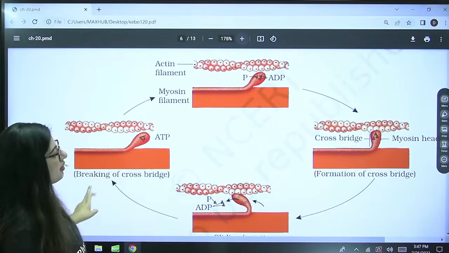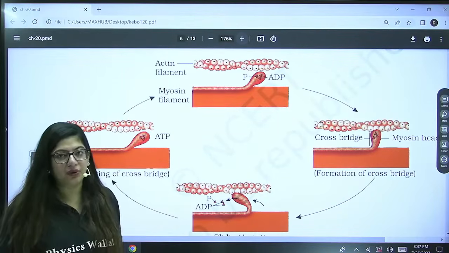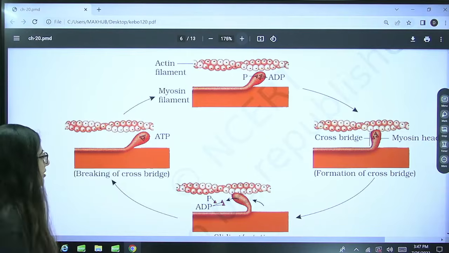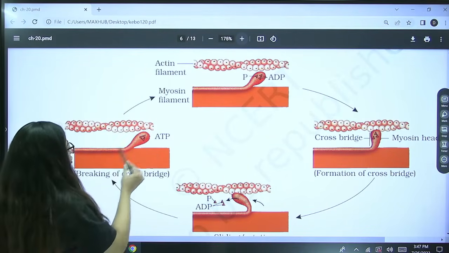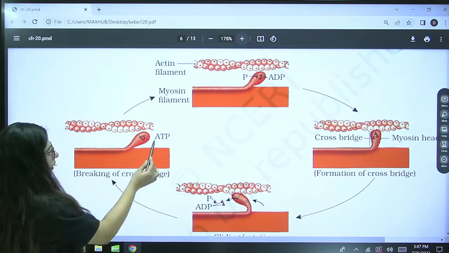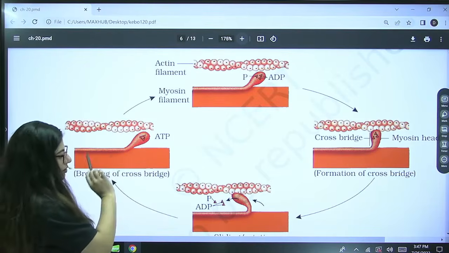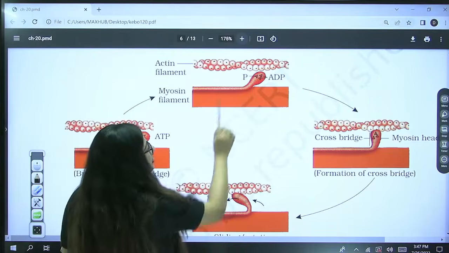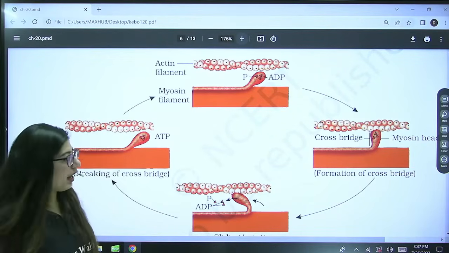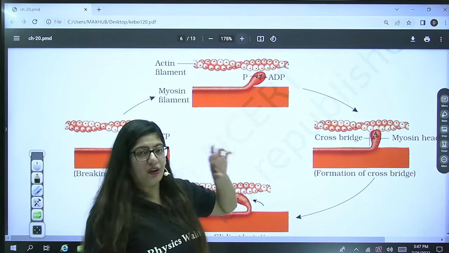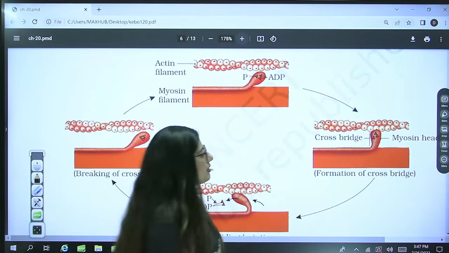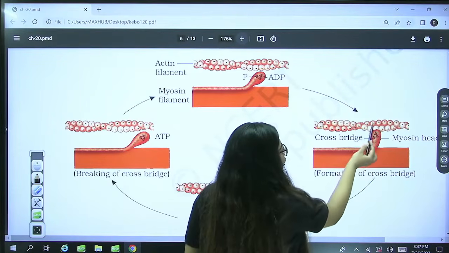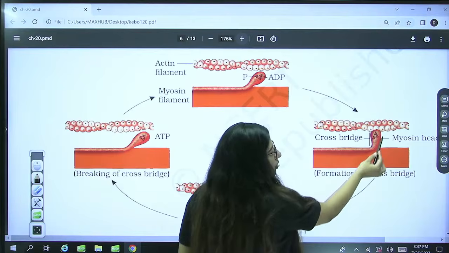this is the sliding filament theory diagram that NCERT has given. So first of all, there is ATP, right? There is ATP which will start from this point. ATP that has been attached to the myosin head. This ATP is going to break down into ADP and IP. Now when the IP or inorganic phosphate is released, the myosin head will bind to the actin and the cross bridge will be formed.